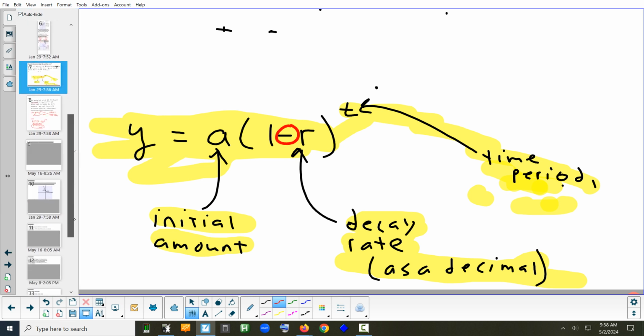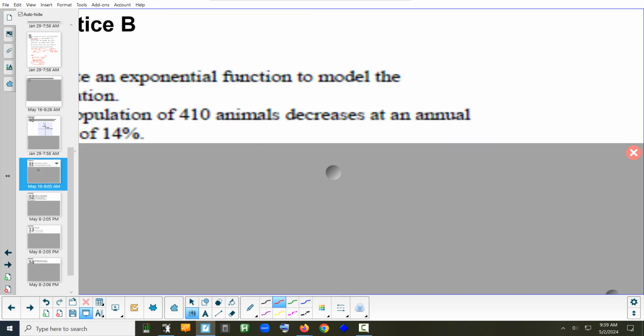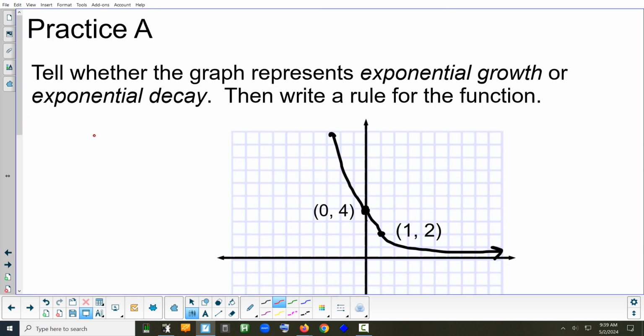All right, let's try one more of those, because I think some people had trouble doing that. So this is what we did right at the beginning. I've given you a graph. I want you to write if it's growth or decay, and then whichever one it is, give me a formula.